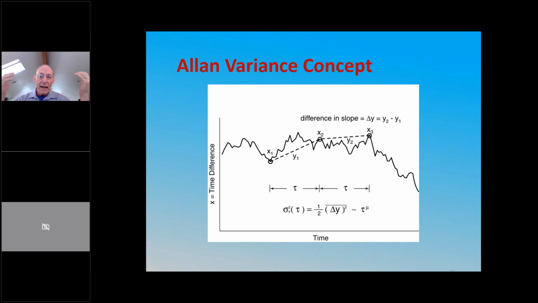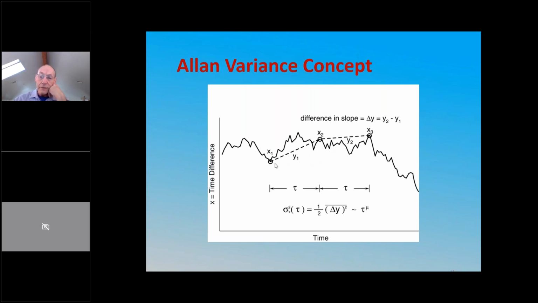So what David Allan came up with is the idea that we look at the slope between neighboring points. Here are 3 points in this data set, x1, x2, and x3. The slope between x1 and x2, we call y1. And if you look at the neighboring interval of the same length, we're going to get a variance as a function of this variable tau, which is the time interval of interest.